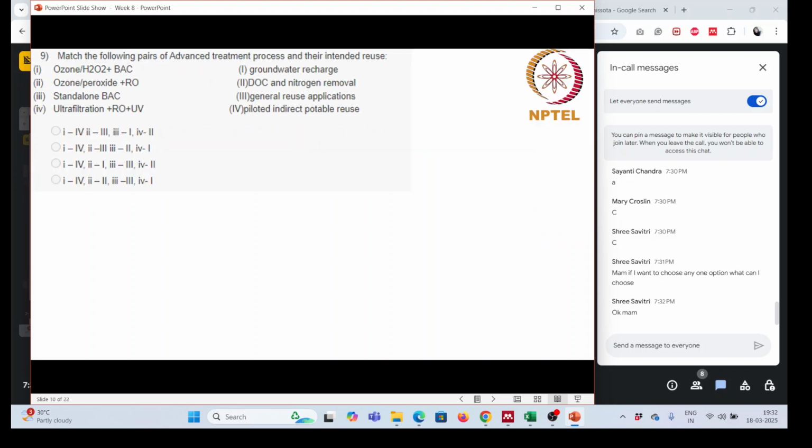The next question is, which of the following pairs of advanced treatment process and their intended reuse? Yes, you will get the marks even if you choose a wrong answer. But you have to complain in the portal. There is one portal, right?